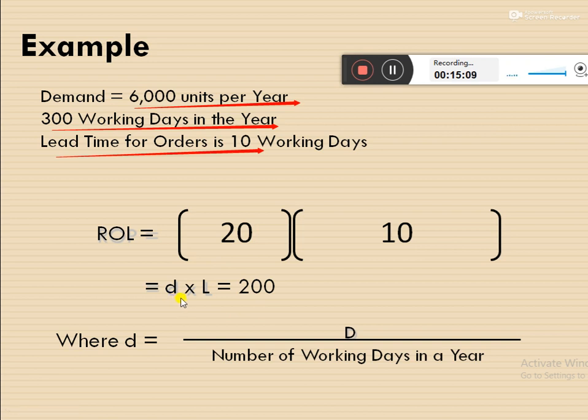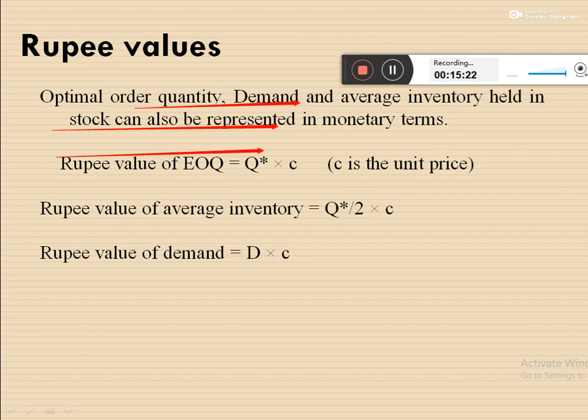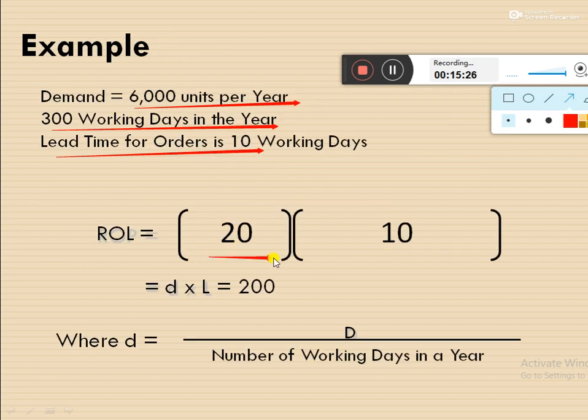It can be calculated by using this formula, that is D divided by number of working days in a year. So 6000 divided by 300 is equal to 20. Into 10 denotes the lead time or delivery time. So in this way we can calculate the reorder level for the classical economic order quantity model.